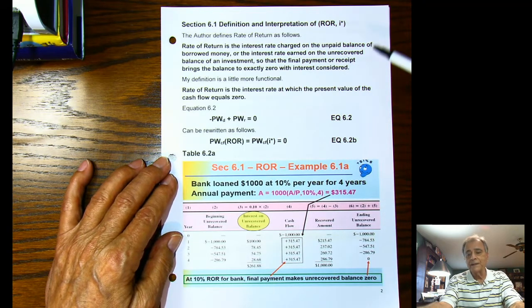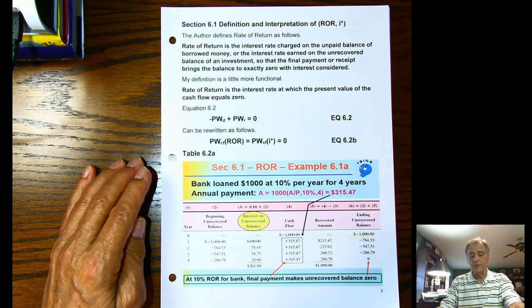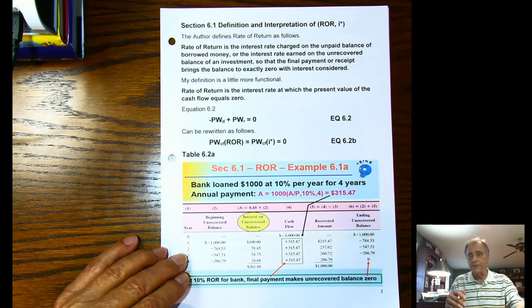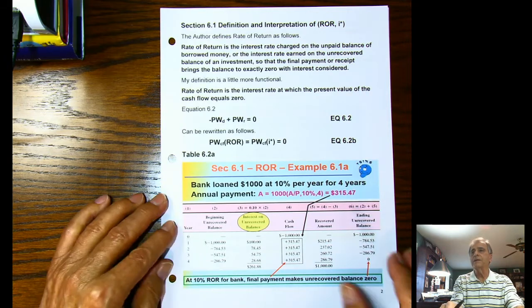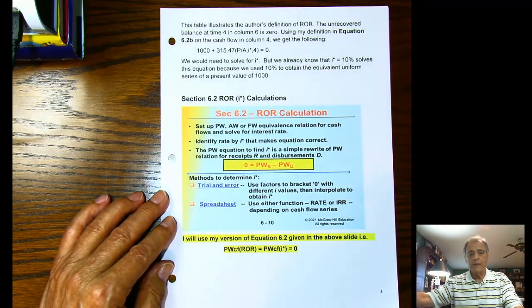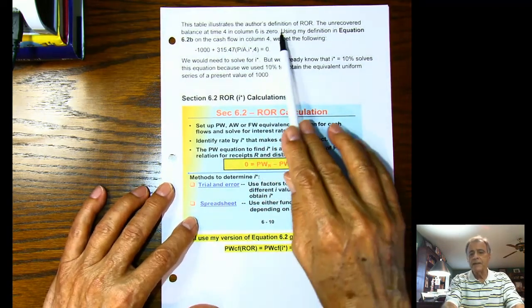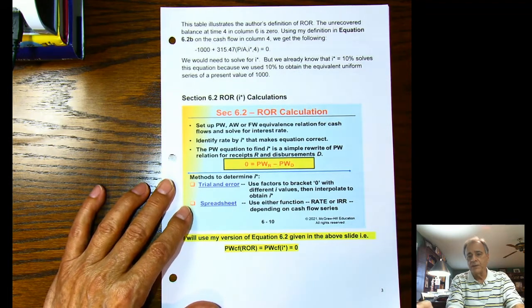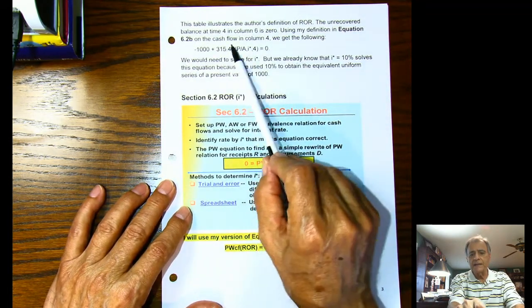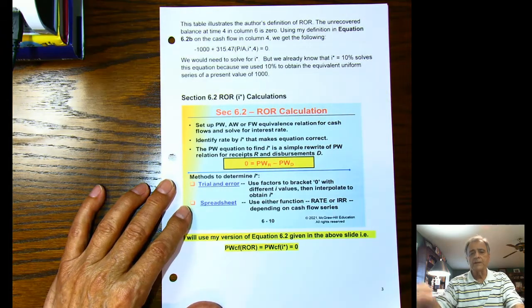And that's basically what he's saying in his definition, that the unpaid balance at time n, whatever that is, will be $0. And if that's the case, then that must be the rate of return. So the table illustrates that the author's definition of rate of return, the unrecovered balance at time zero, in column G of that table is 0.